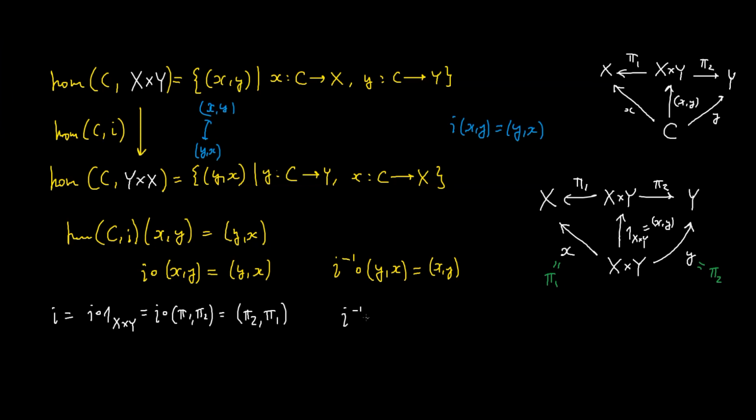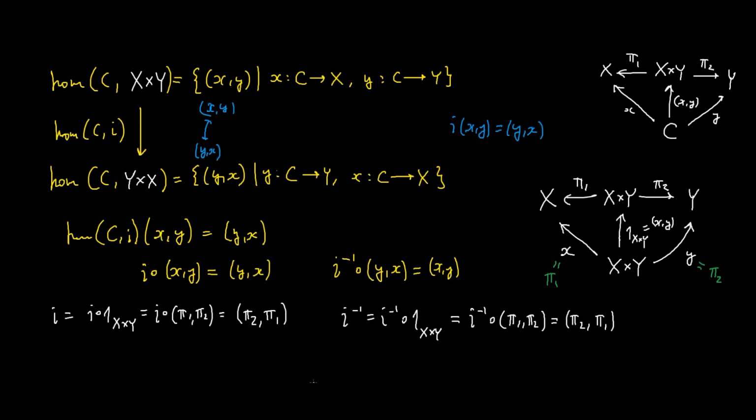So I inverse equals I inverse composed with identity. And we know that identity is given by pi1, pi2. And if I put it like that, again, it will reverse. So it will be the same, pi2, pi1.